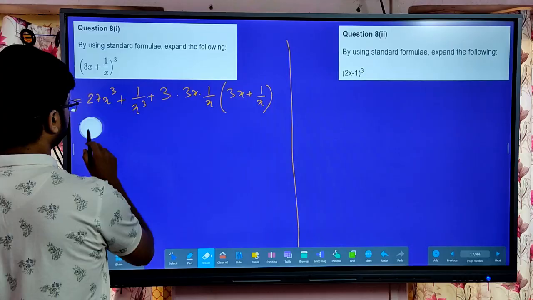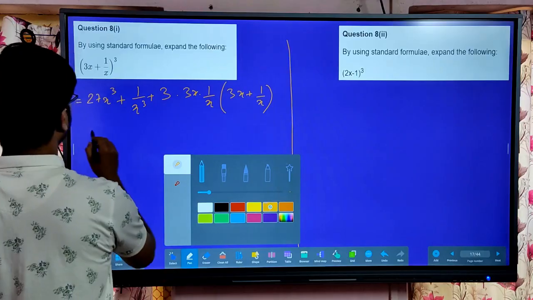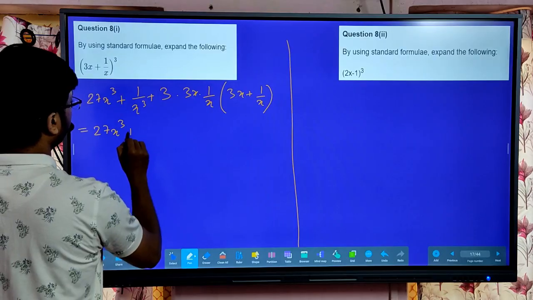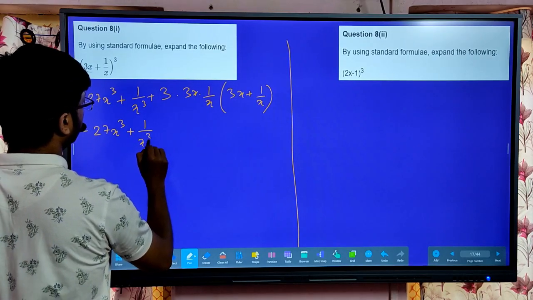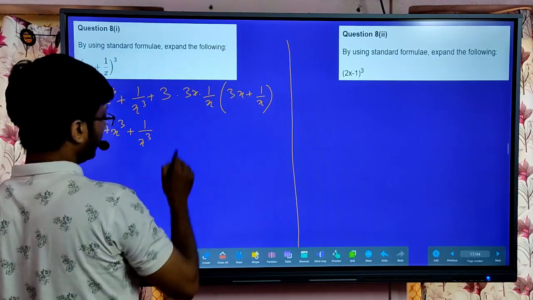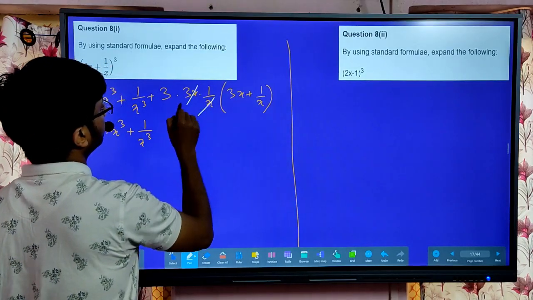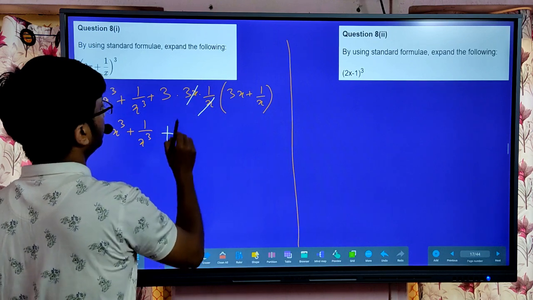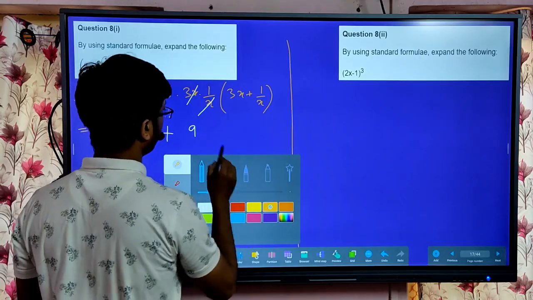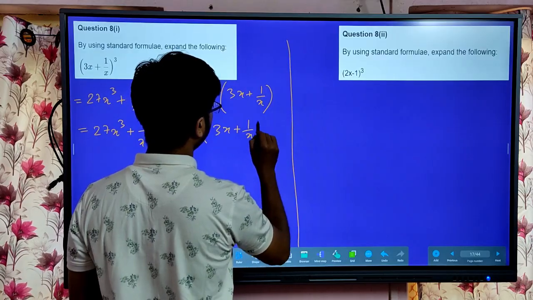If it would have been square, then it would have been 9. So it is 27x cube plus 1 by x cube, because 1 cube is 1. And this x will get cancelled out with x, so it will be plus 3 into 3 will be 9, and here it is 3x plus 1 by x.